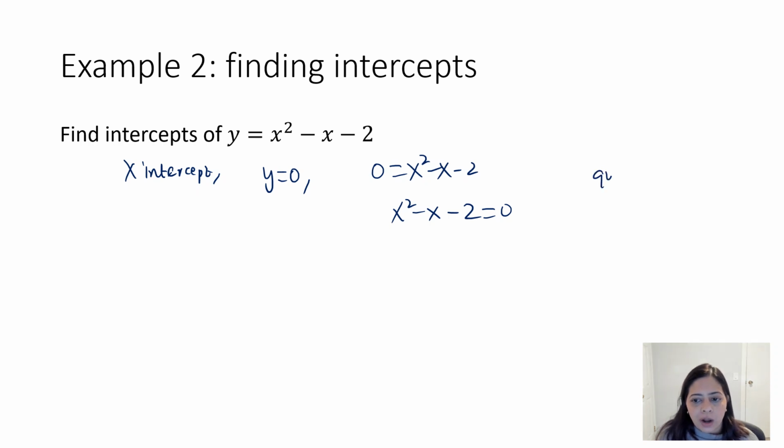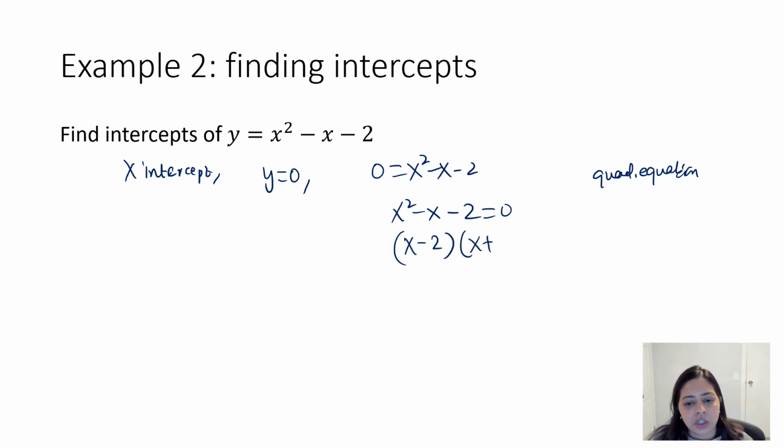Solving a quadratic equation, or finding the solutions of a quadratic equation, is an important skill. Everybody who is ever doing any subject of mathematics should know how to solve a quadratic equation. You cannot just avoid it. You have to know it. So here I can use factorization, or you could use the discriminant formula, whatsoever works for you. So I'm going to do the factors.